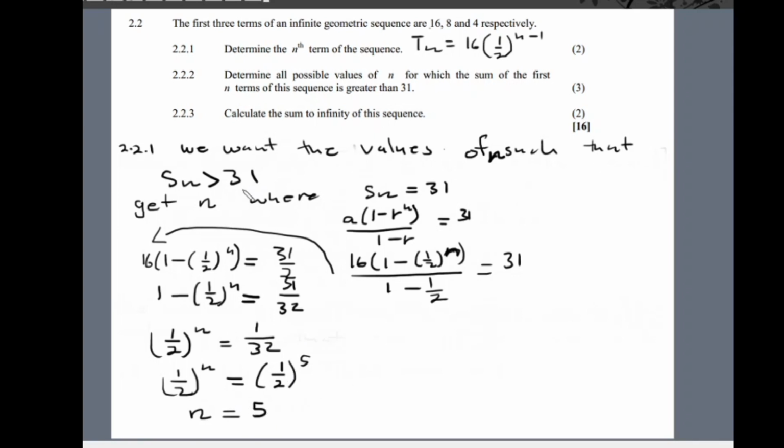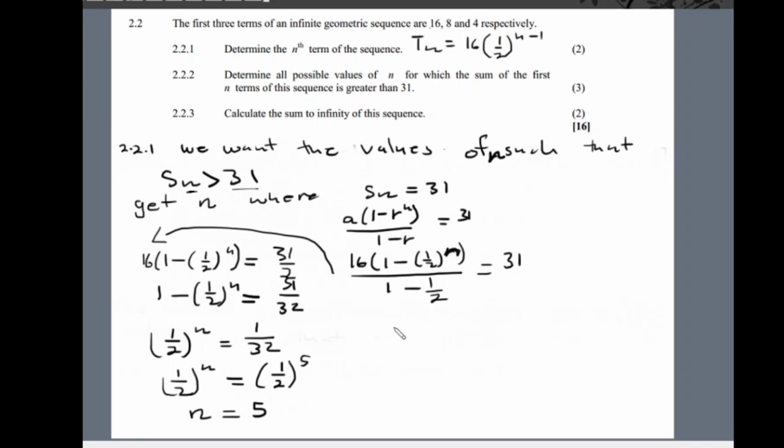So for the sum to be equals to 31, we need to sum the first 5 terms. But we want the values of n where the sum of the first n terms will be greater than 31.